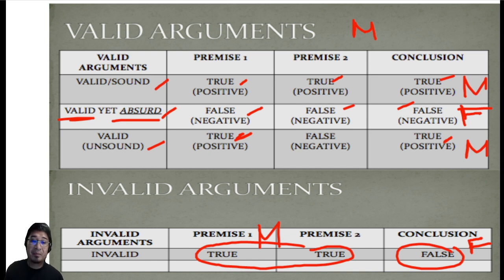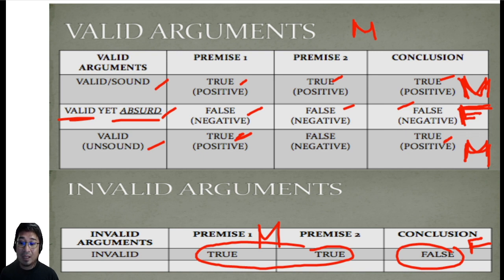Ulitin ko po. Ang valid arguments, may makikita tayo, dalawa siya, valid tsaka valid and sound. Makikita mo siya sa can be validated materially. Yung isa, yung conclusion mo is false, which stands for formal logic. Nagiging valid pa rin siya kasi it follows a certain rule, yung rule of syllogism.